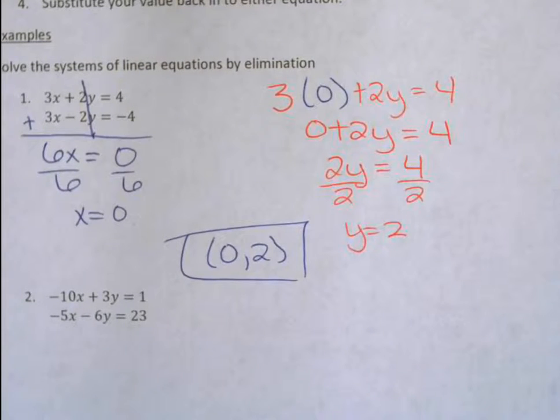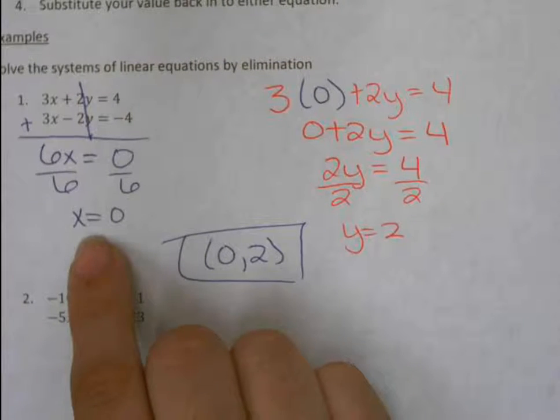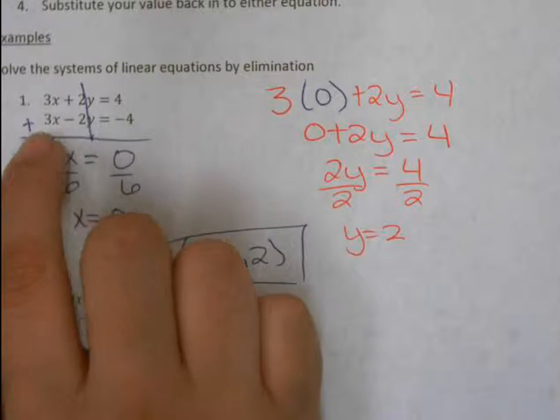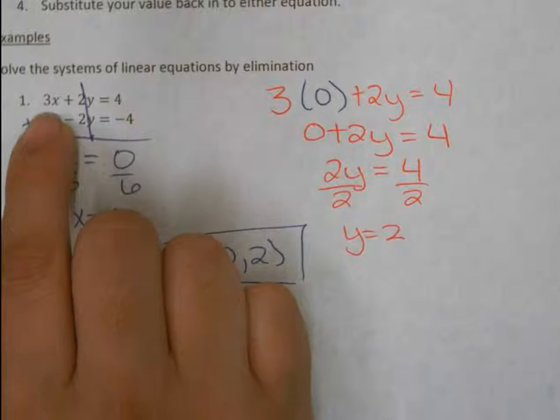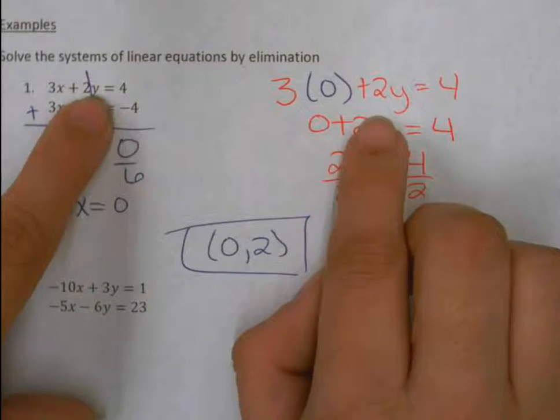Questions on number 1? So I got 0 for x, right? Okay. So then I picked the top equation. I could pick the bottom one, it doesn't matter. But I picked the top equation and I plugged in 0 for x. So it's 3 times 0, plus 2y, equals 4.